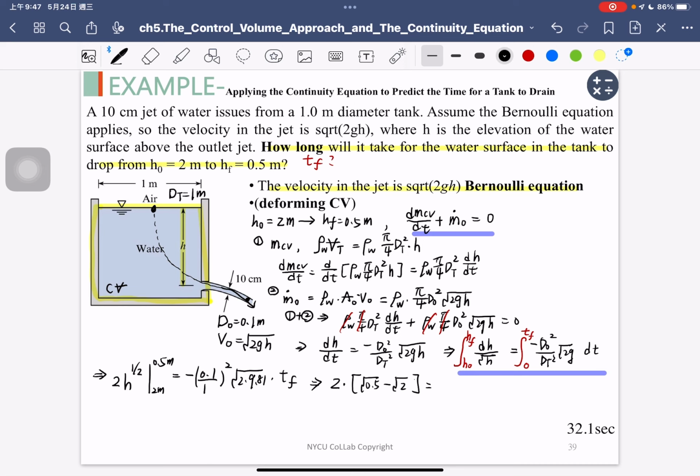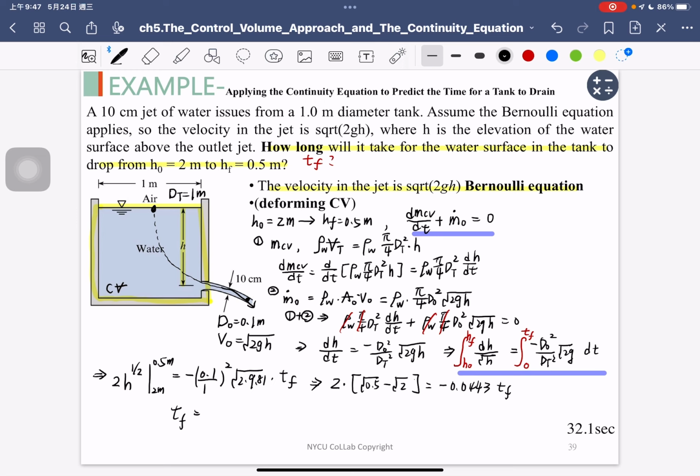So the right hand side, the number is minus 0.044 around 3, and the tF. So you can compute the final answer for the tF time.